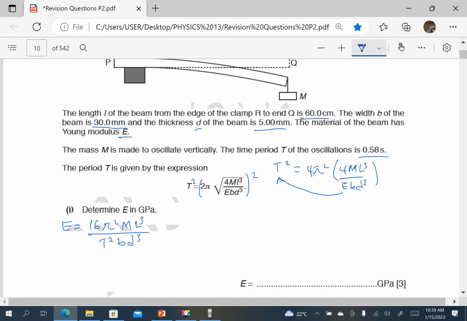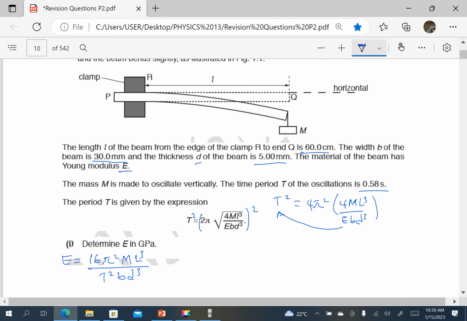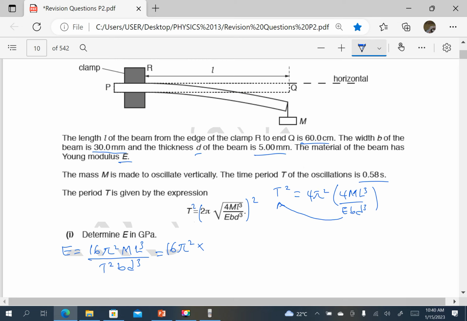So let's see which values to substitute in. So this gives us 16 pi squared and m, the mass is 500 grams, I think, which is 0.5.